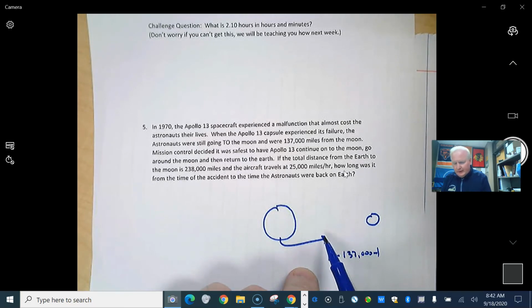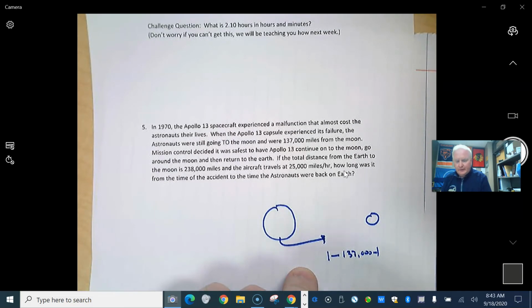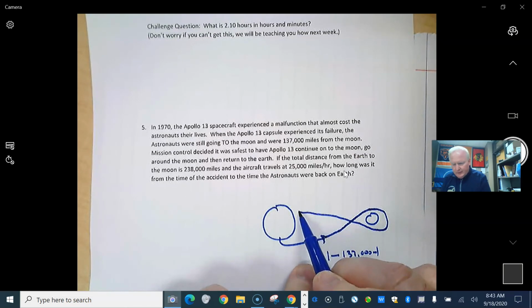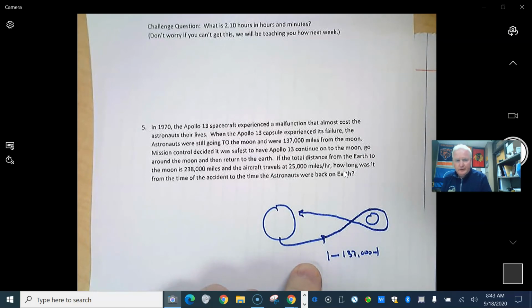NASA was worried about trying to turn them around because of what they need to do to turn something around when it's going as fast as it was going. So instead, NASA decided to allow the Apollo 13 craft to continue on its path like this, whip around the moon, and then shoot back towards the Earth.